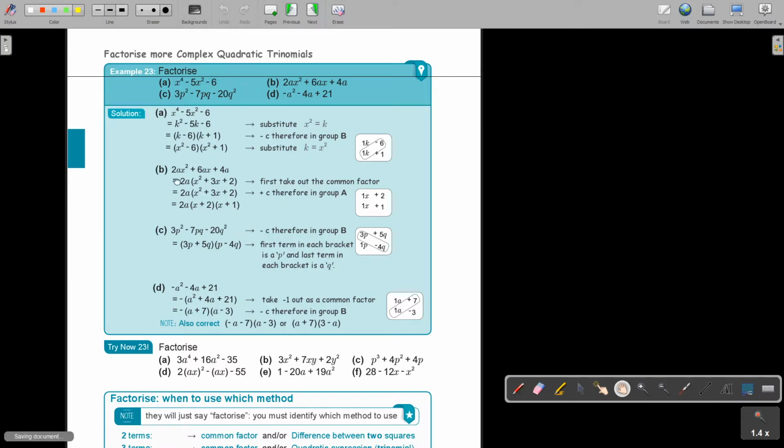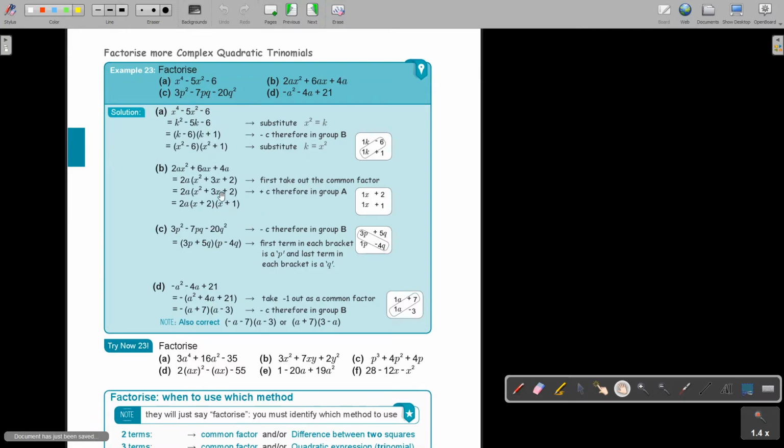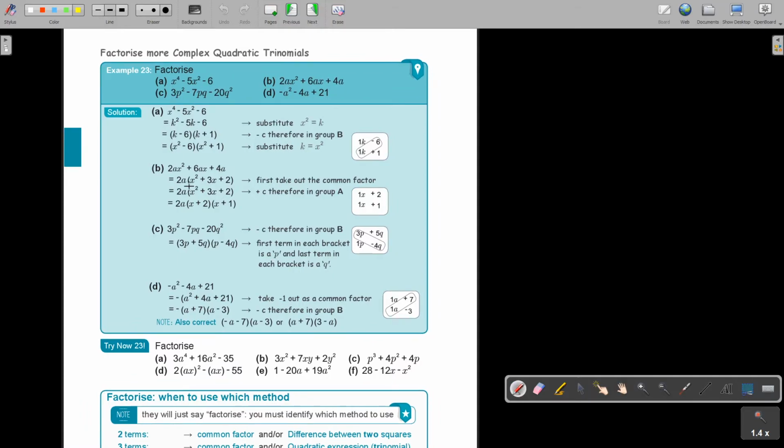So you can check. There I was taking out a common factor, and then I was looking in the bracket and I was factorizing the trinomial in group A. Here, this is p squared and this q squared. So for the front, I write p, and for the back, I just write q. And there I took out a common factor of a negative.